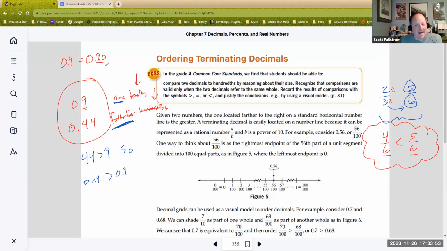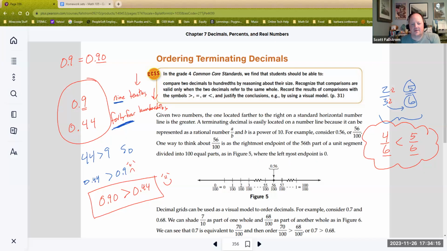Now you don't have 9, you have 44/100 compared with 90/100, and you can immediately see, got it. I can tell why 90/100 is bigger than 44/100. So there's sad face, here's the happy face.